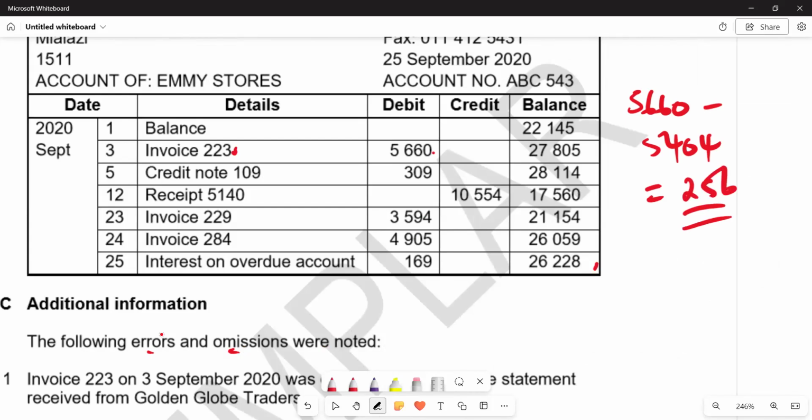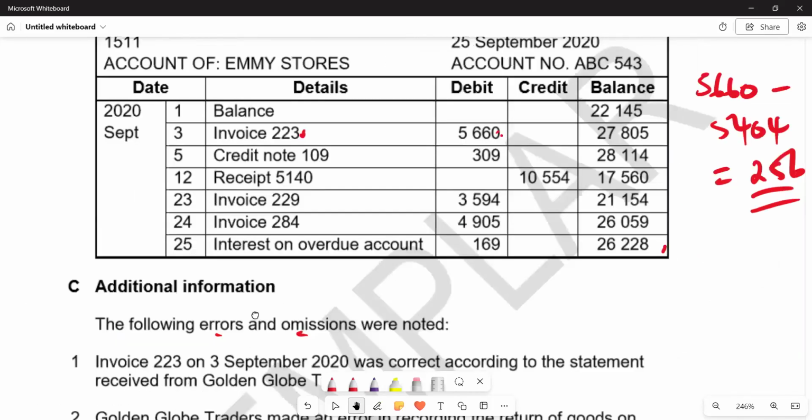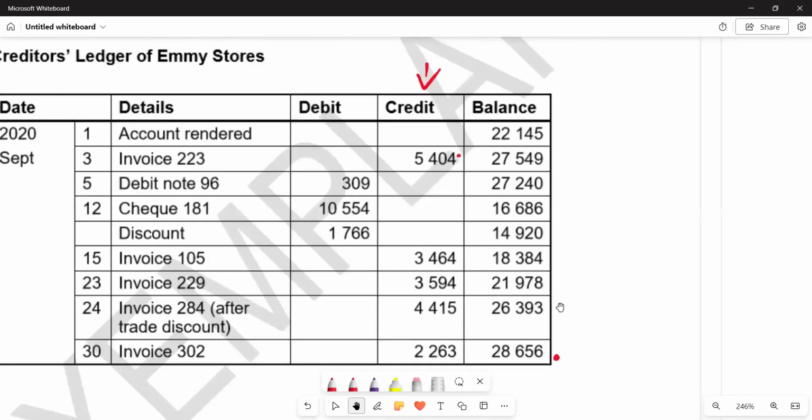So since the statement is said to be correct, which is the bigger figure, we go to the ledger and say the figure that is here is smaller by 256. So we have to put another figure here so that it goes to 5,660. It means that this is a plus that is going to come here.